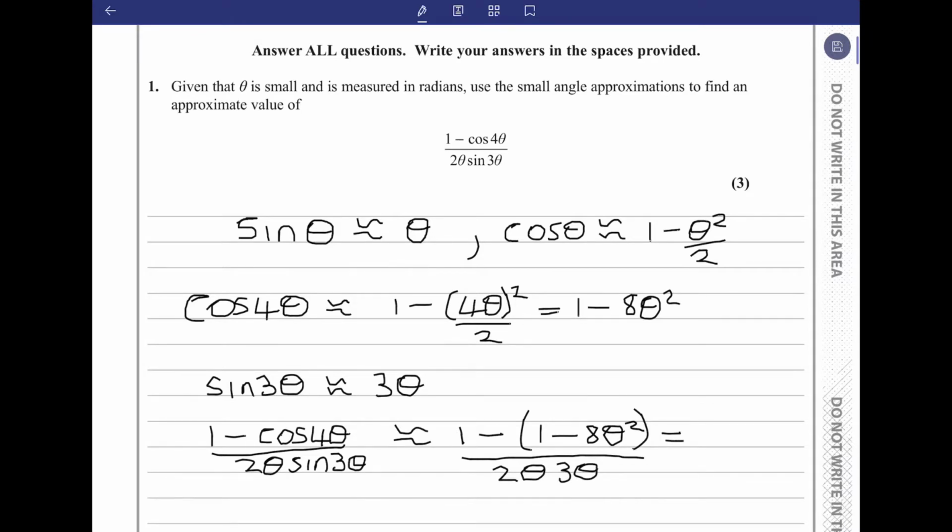This is equal to, the 1's are going to cancel out, minus minus 8 theta squared is 8 theta squared, and then on the bottom we've got 6 theta squared. The theta squareds cancel and we're left with 4 over 3. So that's the answer for question 1.